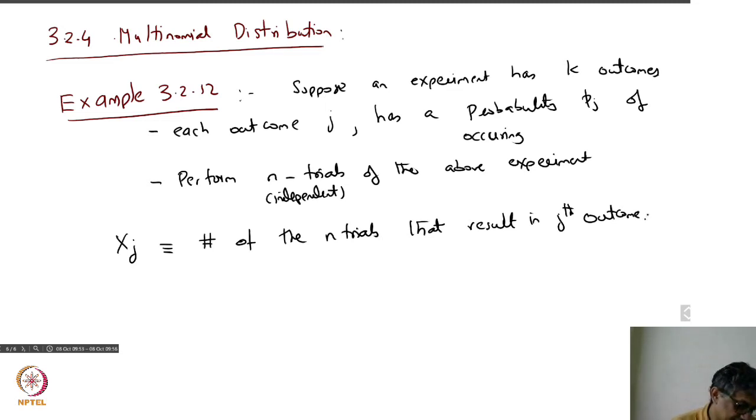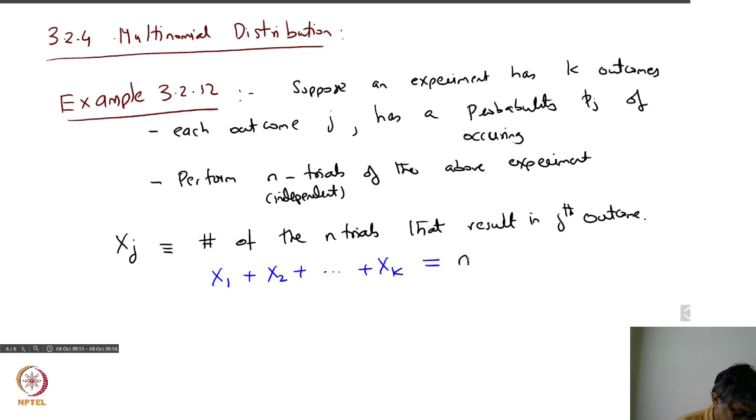So one thing is clear: they're clearly dependent. If I look at X1, the number of trials in which outcome 1 appears, X2, the number of trials in which outcome 2 appears, and go all the way till Xk, then if I add all these up, I'll always get n.